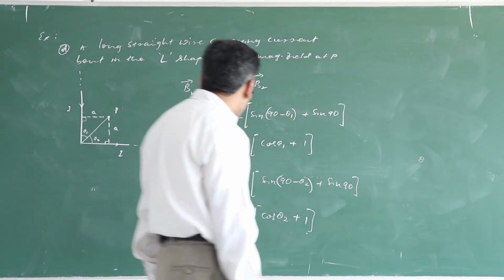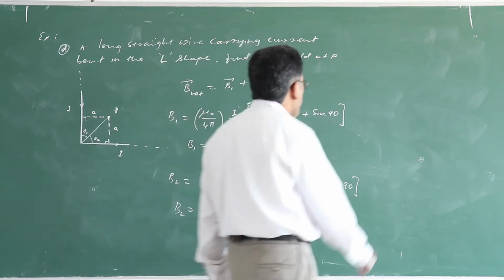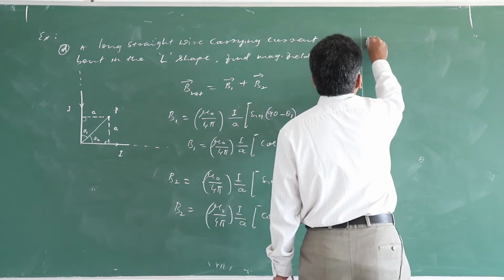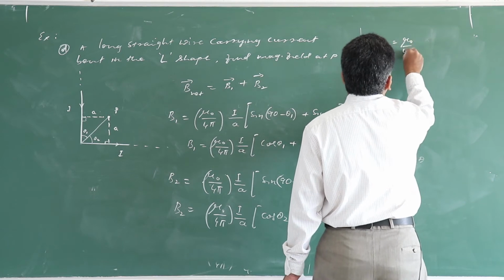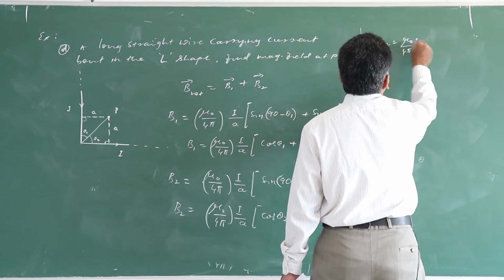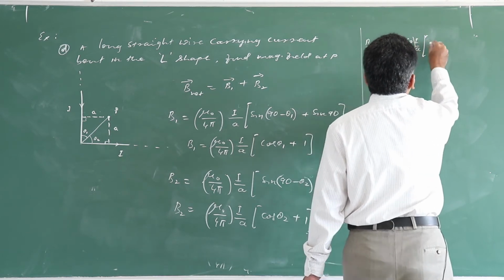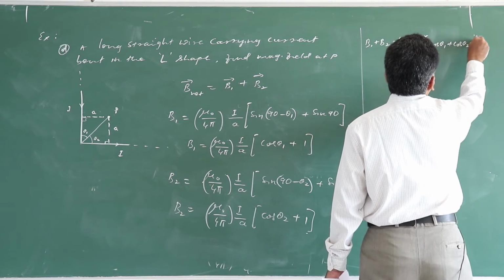Now you just add them, B1 plus B2 is equal to mu naught by 4 pi I by A, cos theta 1 plus cos theta 2 plus 2.